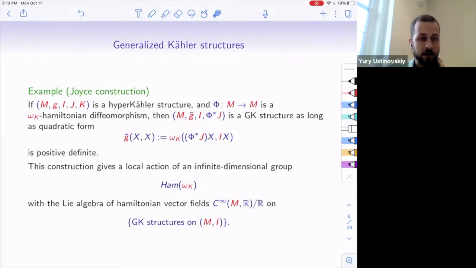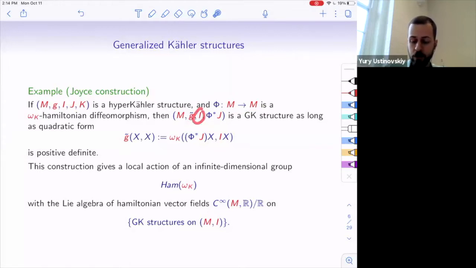If you start with a hyperkähler structure, so it will be a manifold, a metric, and 3 compatible Kähler structures, each of them separately Kähler, and they satisfy quaternionic relations. Then you can consider a Hamiltonian diffeomorphism of M, Hamiltonian with respect to the Kähler form omega K, the Kähler form of this third complex structure.